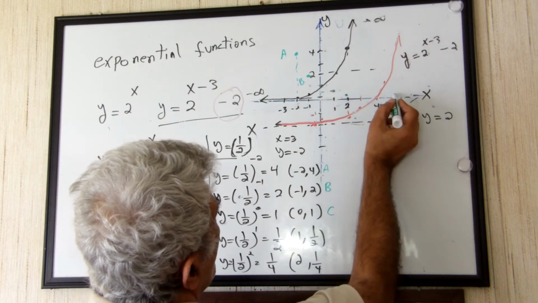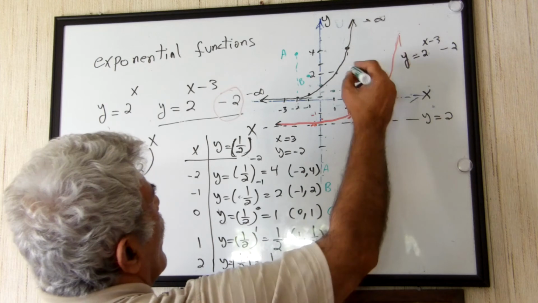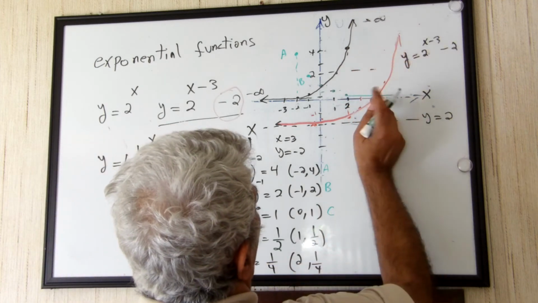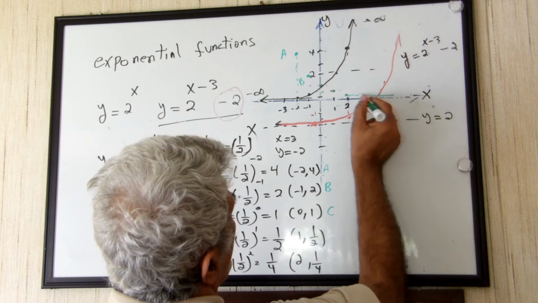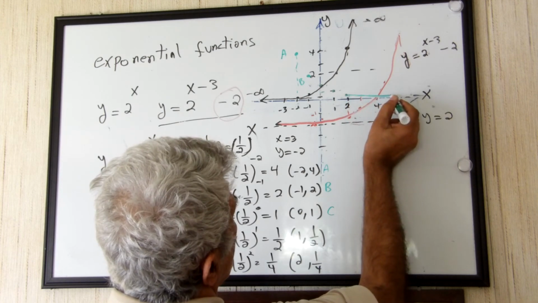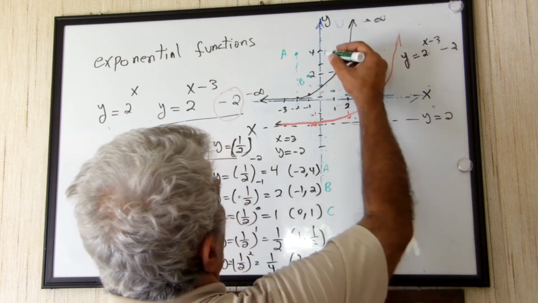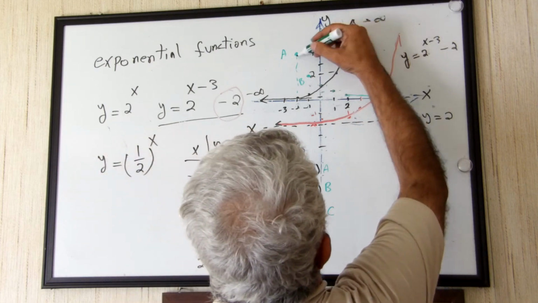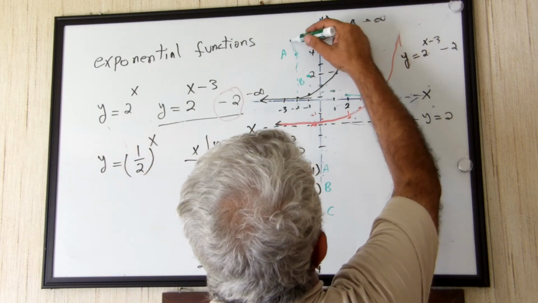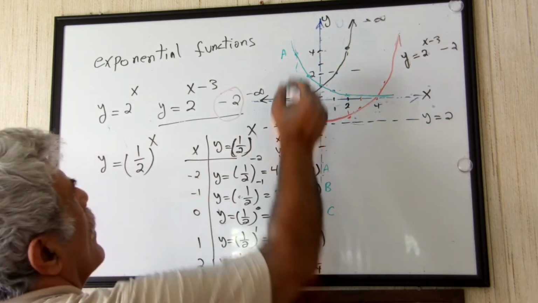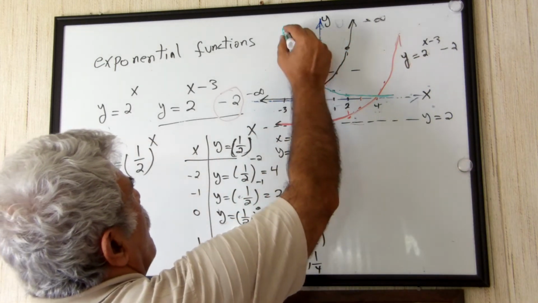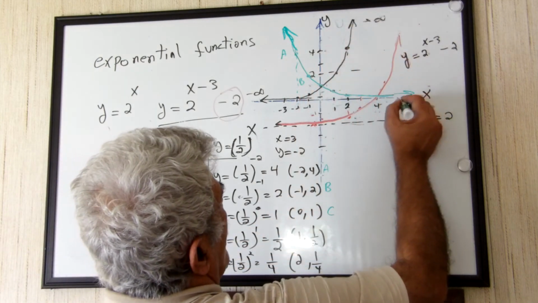So it's getting smaller and smaller. So this is going to be the graph of what function?